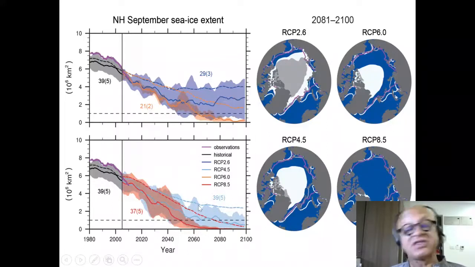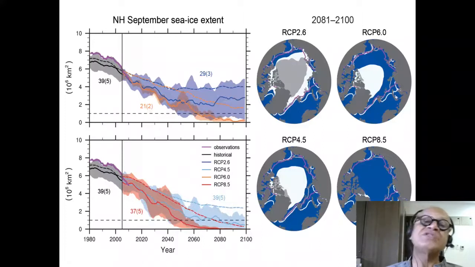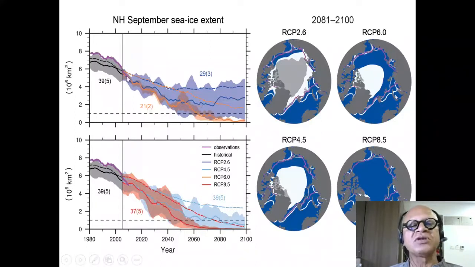Are these reliable? Well, the question then becomes, do we want to worry about how accurate the models are, or do we want to worry about the trend where we are already in, and that there seems to be no hope of recovering Arctic ice if we continue greenhouse gas emissions.